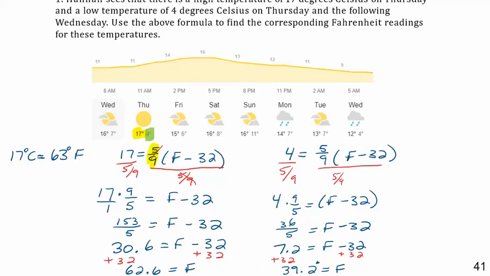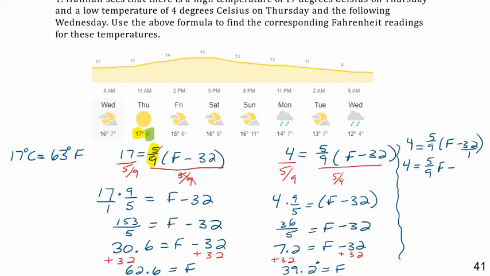Now, another way that we could have solved this equation is to distribute the 5/9 first. And I just want to go through that. I don't know if maybe some of you did that. There are some pitfalls to this. Let's take a look. So if I distribute the 5/9, I get 5/9 F. Okay, no problem there.